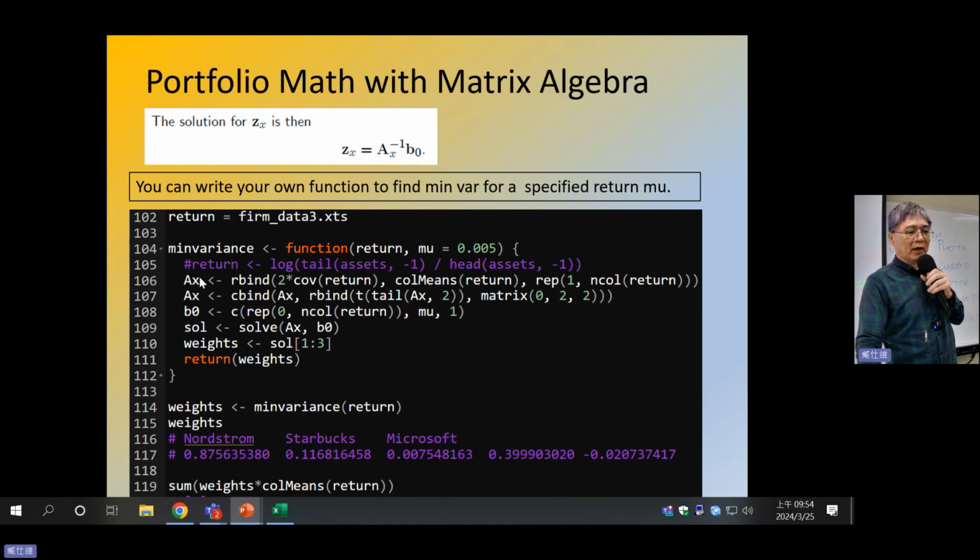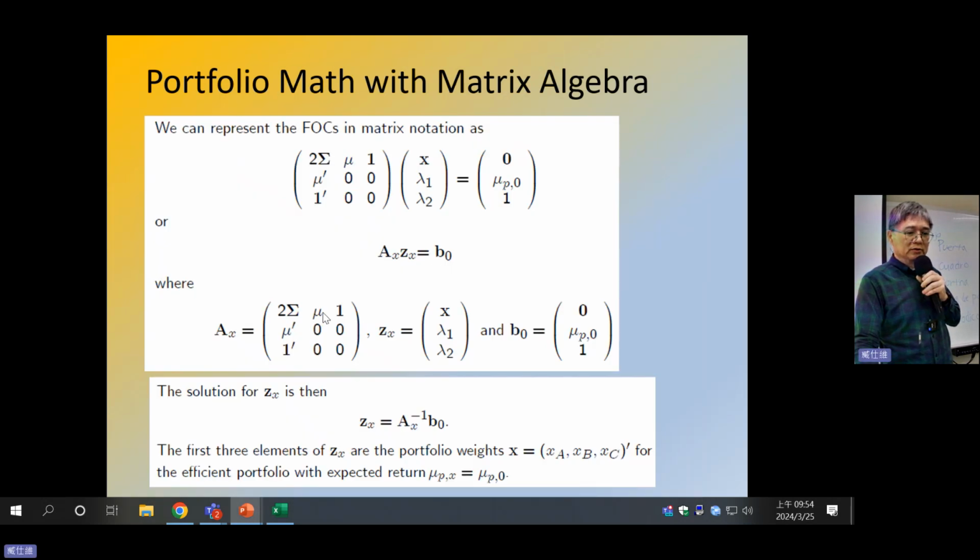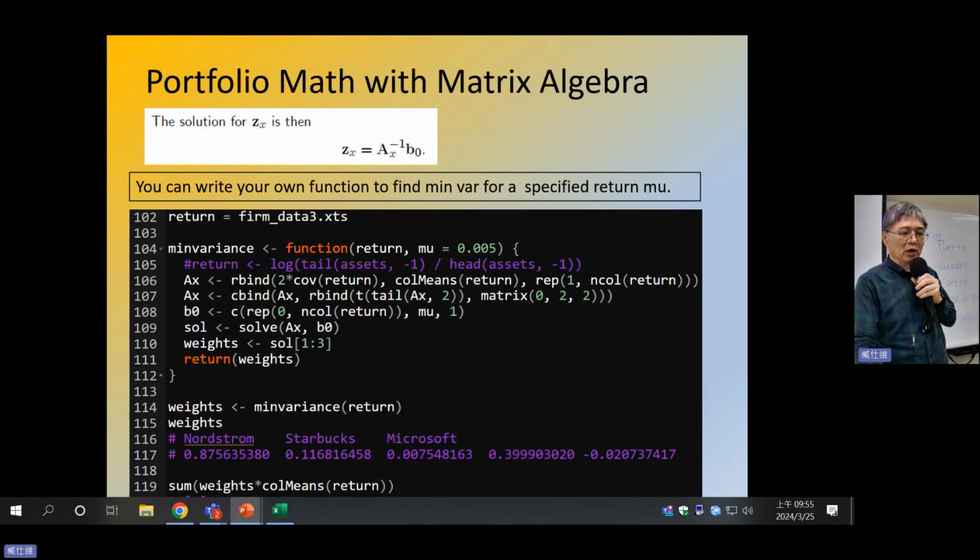So here we have AX, and then we also have B0. So AX, what is AX? We have 2 sigma, mu, and 1. The first line here is the R command rbind, meaning row combine. So we have 2 sigma, and the column means return, and the 1.